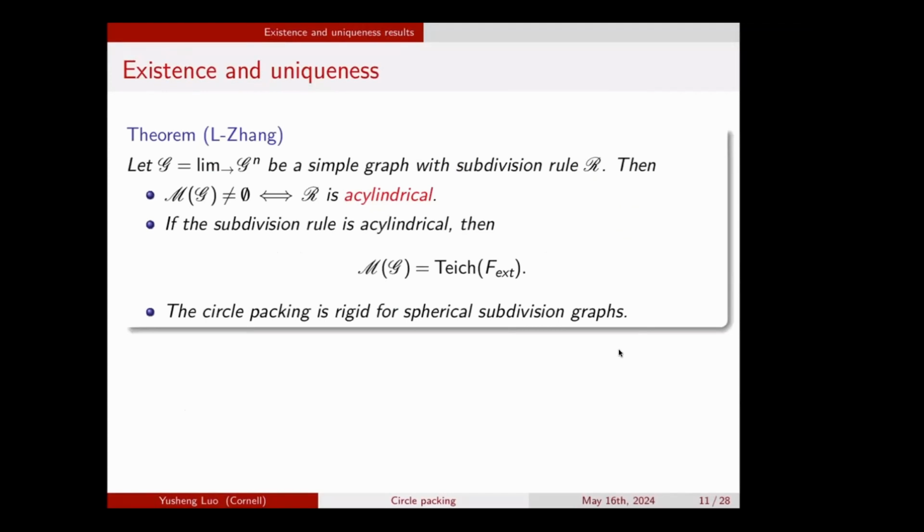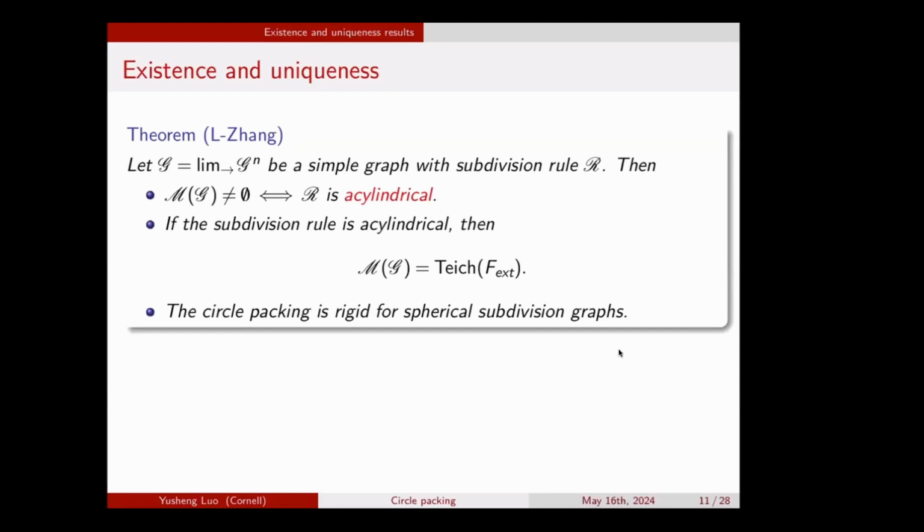So if we consider the direct limit of these subdivision graphs, G of n, so this direct limit is going to be an infinite graph. And let us assume that this is a simple graph. Then the first part is about the existence.